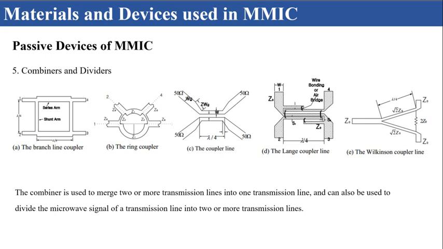The combiner is used to merge two or more transmission lines into one transmission line, and can also be used to divide the microwave signal of a transmission line into two or more transmission lines.